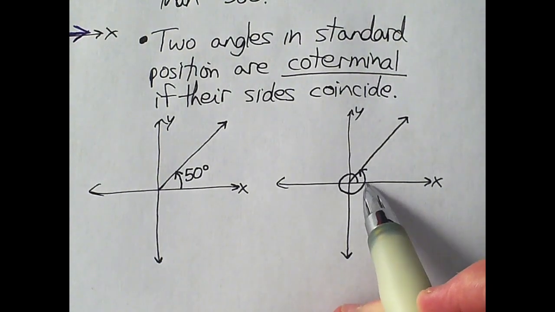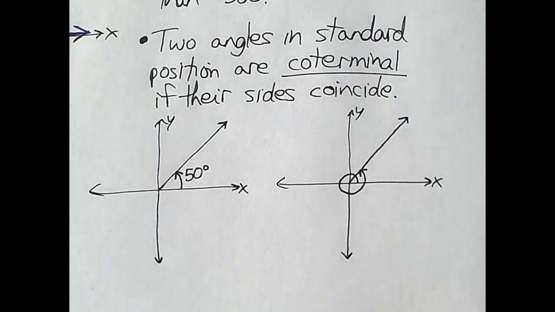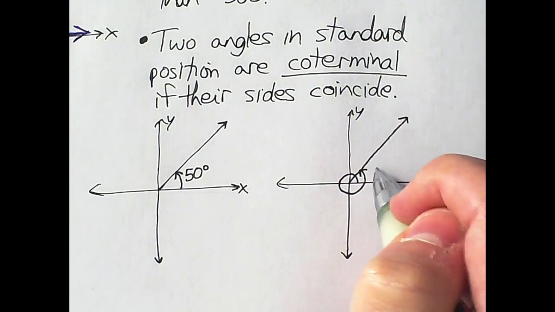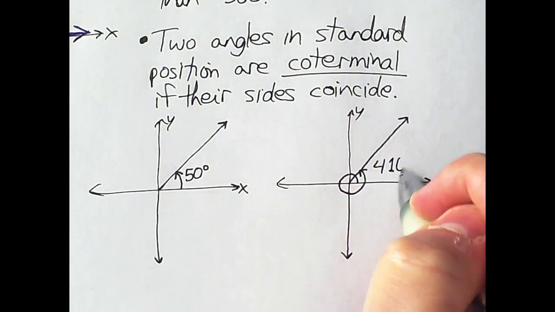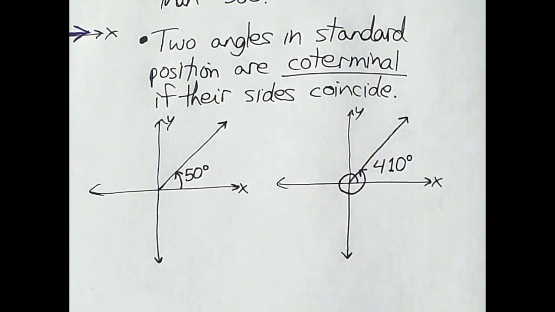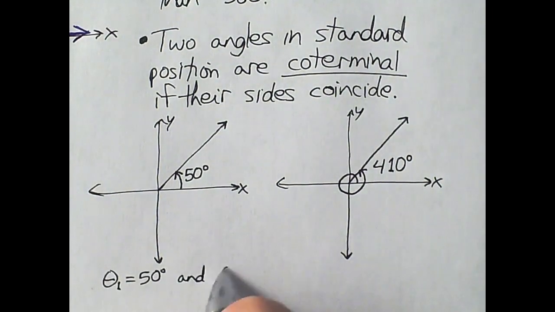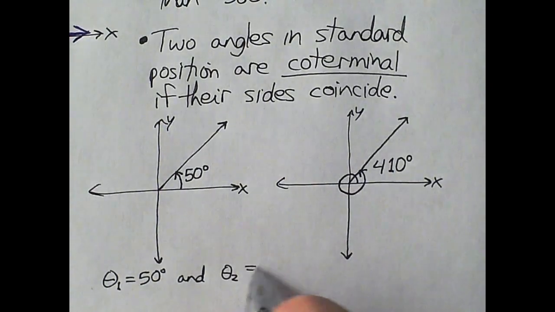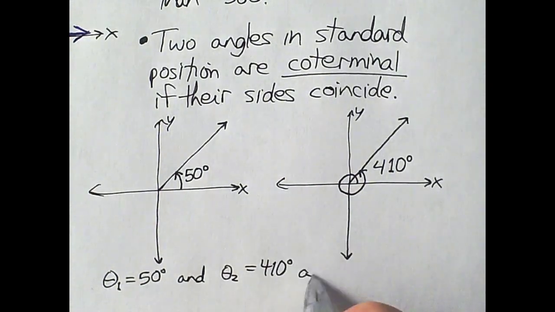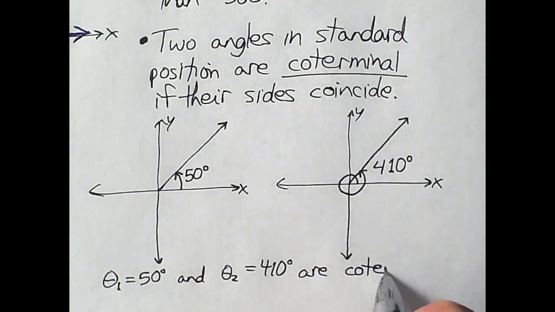And then after the full 360 degrees, I went another 50 degrees for a grand total of 410 degrees. So we would say that an angle of 50 degrees and an angle of 410 degrees are coterminal. I'll say theta 1 equals 50 degrees and theta 2 equals 410 degrees are coterminal.